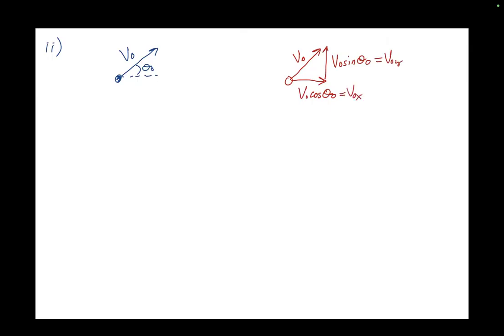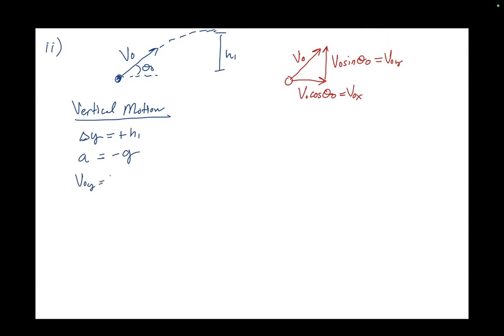Now thinking about the vertical motion, this droplet is going to reach a maximum height h1. So our vertical displacement is a positive h1, our vertical acceleration is negative g, our initial vertical velocity is v naught sine of theta naught, and our final vertical velocity is 0.